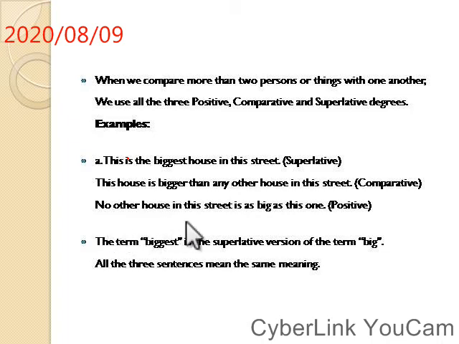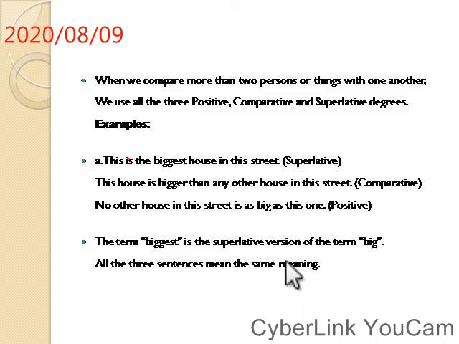No other house is as big as this house. This house is bigger than any other house in the street. This is the biggest house in the street. Positive, comparative, superlative. The meaning is simply the same, but we are writing the same sentence in three degrees. Three sentences are conveying the same meaning in three different degrees.